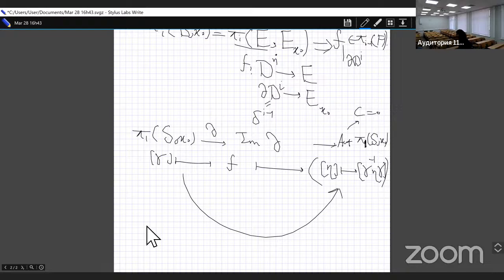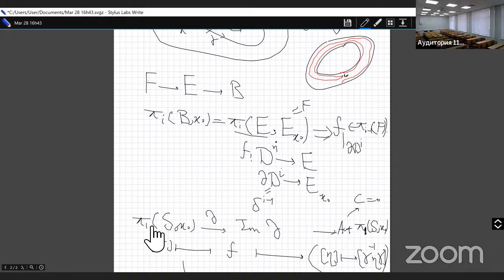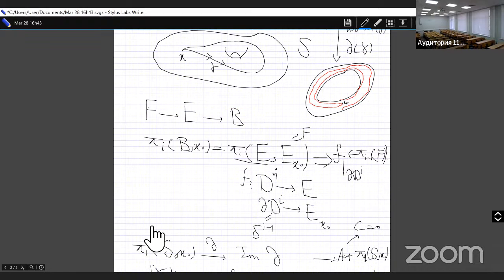So your claim is that the map f, which corresponds to gamma, goes in fact to the conjugation by gamma. Chris, look at this picture.